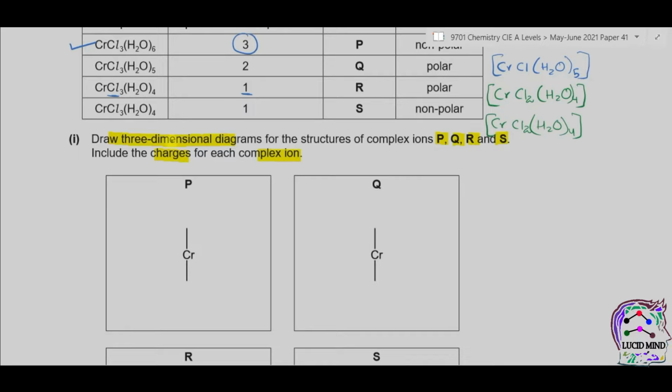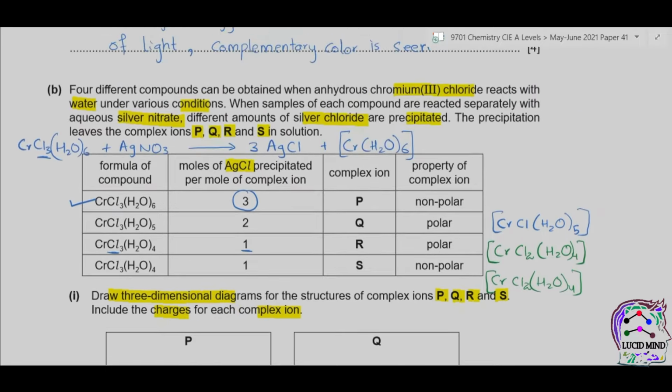Now it says draw 3-dimensional diagrams, and also you have to write the charges for each complex ion. Let's find out the charges first. In the first one we have chromium. The oxidation state of chromium is +3, so we can write +3. And water is neutral, so its oxidation state is 0, so overall charge will be +3.